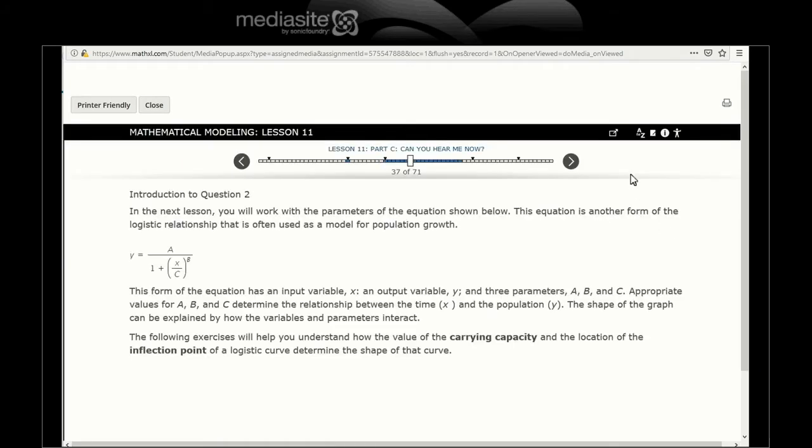Okay, in the next lesson, you will work with parameters of the equation shown below. Ooh, kind of looks like a logistic equation there. Logistic equation is often used as a model for population growth. This form of equation has an input variable x, an output variable y, and 3 parameters, a, b, and c. Values for a, b, and c determine the relationship between the time and the population. So time is x, and y is population.